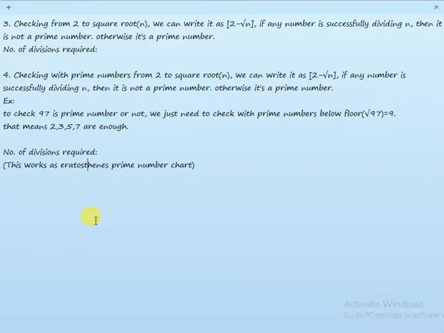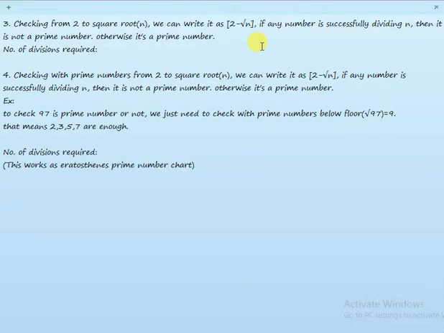And then the third method: checking from 2 to the square root of n. Same as the process in method 2, we have to check from 2, but the ending number, the square root of n, is enough. That means 2 to square root n. If any number in this range divides n successfully, then it is not a prime number. Otherwise, it's a prime number.